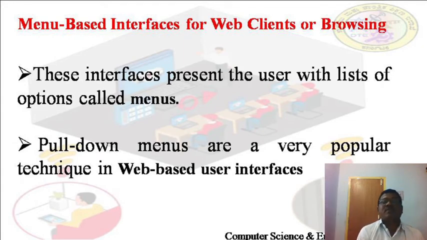For example, if you want to purchase mobiles, TVs, computers or laptops through online, then if you search in Amazon or Flipkart, there you will have the options: what type of mobiles you want to purchase, what cost, and what properties. We can get these through the list of options, and in that we have to select and submit it.